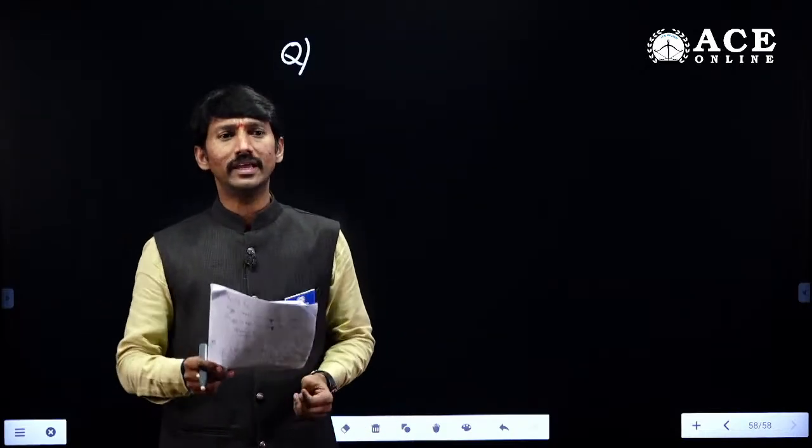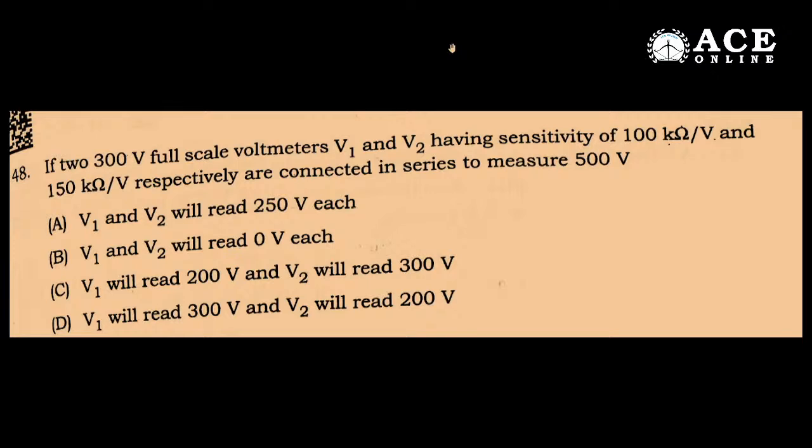If two 300 volt full scale voltmeters V1 and V2 having sensitivity of 100 kilo ohm per volt and the other one is 150 kilo ohm per volt, both are connected in series across the 500 volt. Then out of the 4 options, which is correct they have asked.